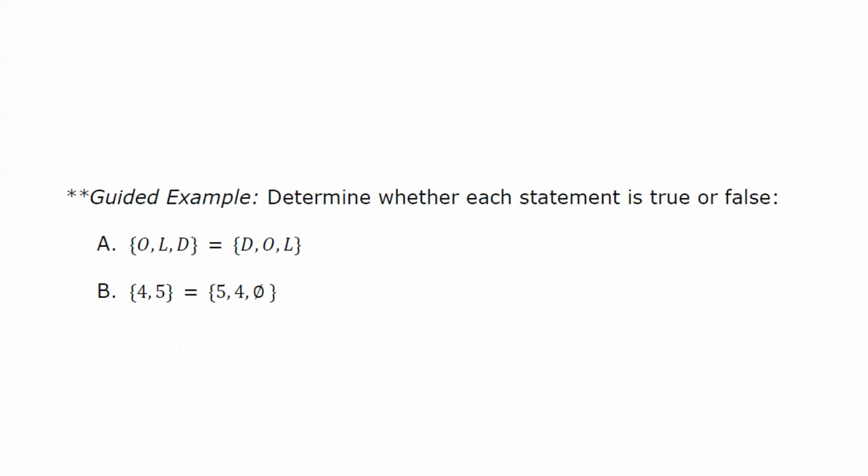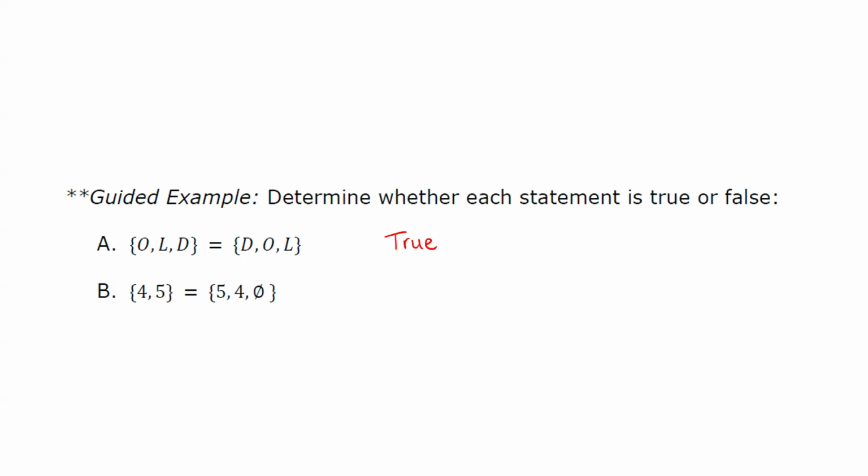Okay. So, guided example, determine whether each statement is true or false. In our first one, we have the set {O, L, D}, and we want to know, is it true that it's equal to {D, O, L}? This is true because both sets have 3 elements and the same elements, regardless of order.